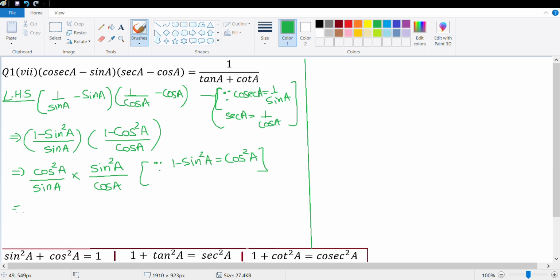Perfect. So does anything get cancelled? Yes. Sine A and this power get cancelled. Cos A and this power get cancelled. So my left hand side becomes cos A dot sine A.